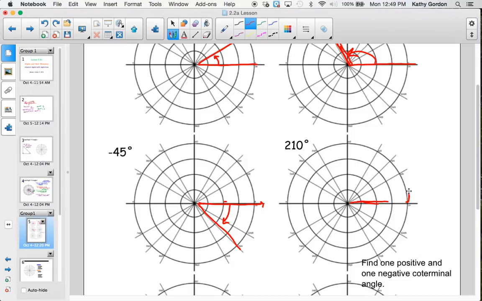There you go. Okay, so when we draw our angles, do we want to do this part?